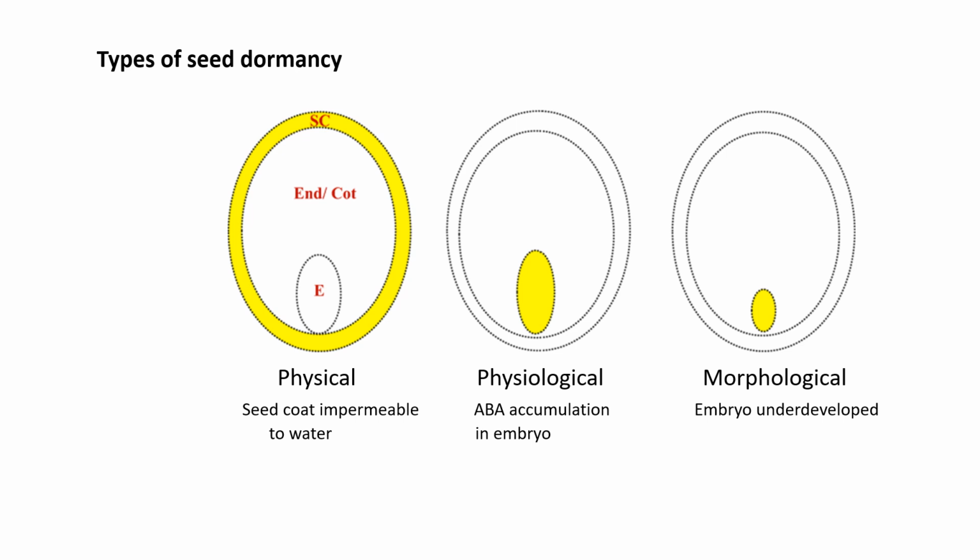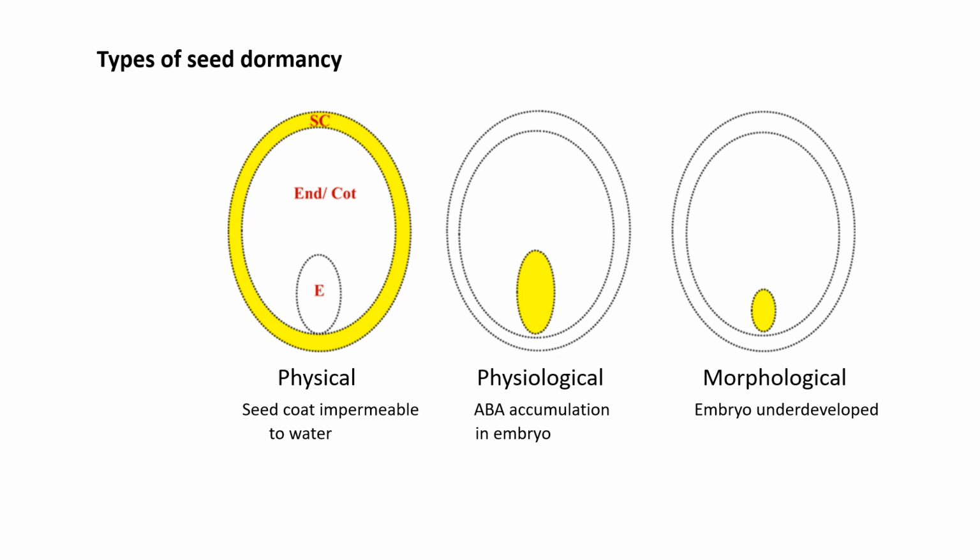This is called morphological dormancy and is seen in many palms which need about a month after dispersal to complete embryo development, only after which they can germinate. Seeds of many members of Fabaceae or legumes have a hard seed coat and can germinate only when the seed coat of the mature seed is removed or punctured.